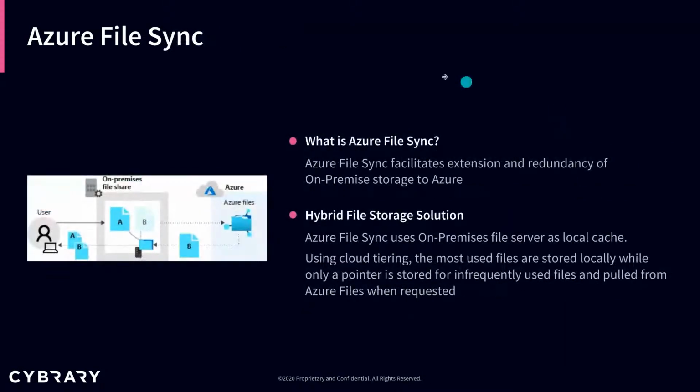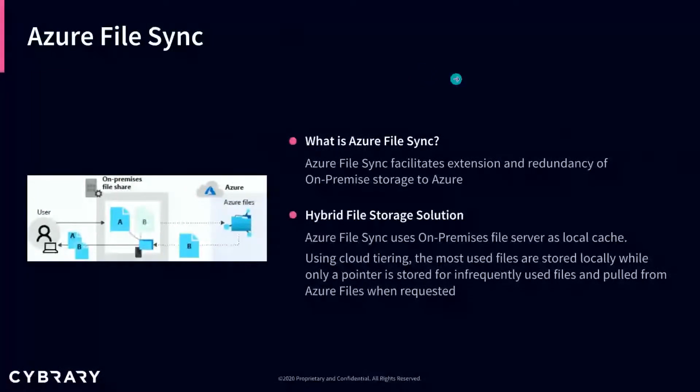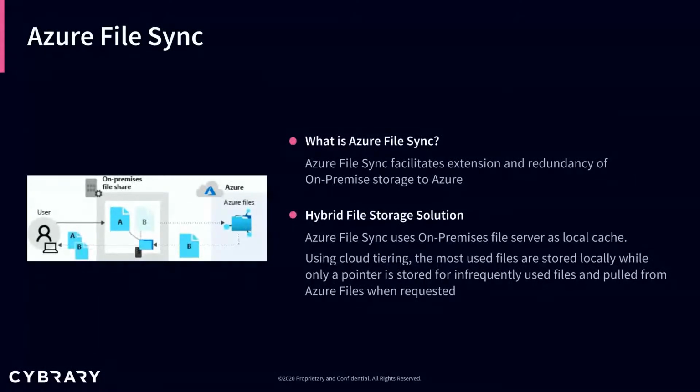Let's talk about Azure File Sync. Azure File Sync basically facilitates a way to sync your files from on-premise storage to Azure. So this is really a hybrid file storage solution. If you have a large on-premise file storage, you need to figure out a way to get those files into Azure Cloud, provided you are accessing it from both places.